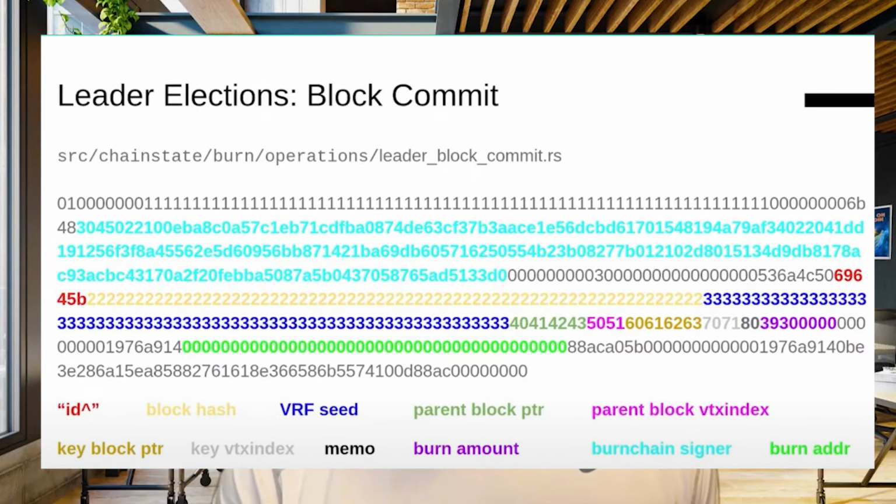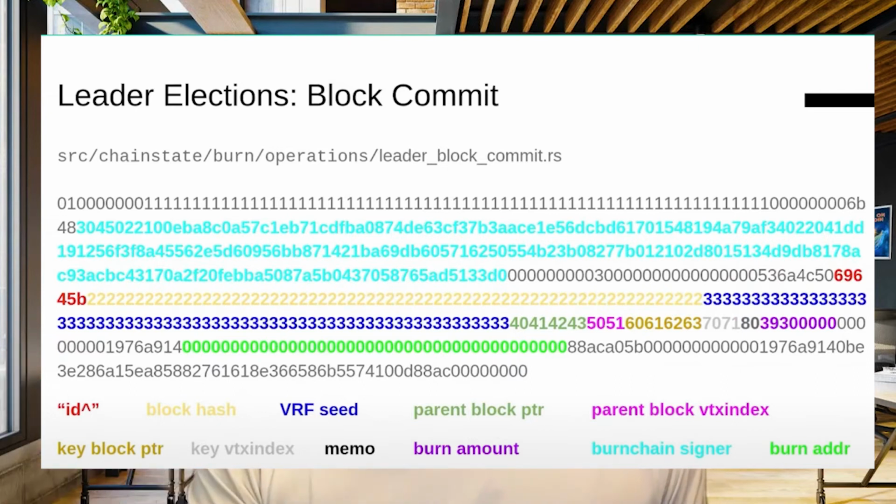And so in the current formation of the Stacks chain, there's 2,100 blocks in a cycle, and there's 100 blocks at the end of a cycle. That's the burn phase as it prepares for the next cycle. And the other 2,000 blocks are proof of transfer. So in the proof of burn phase, which is those 100 blocks, there's a burn amount and a burn address, which you can see here as zeros.